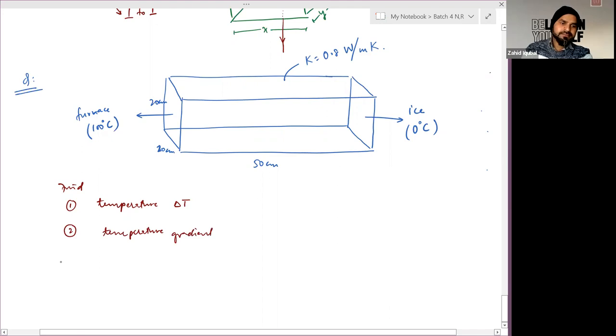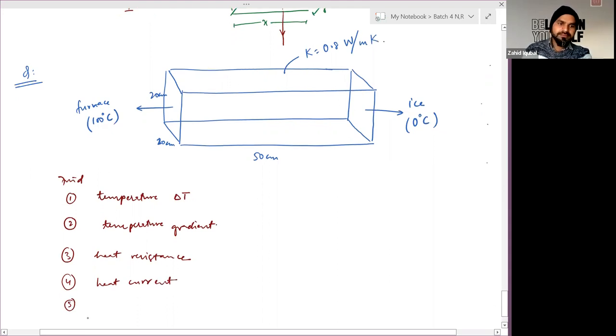Third, heat resistance. Fourth, heat current.